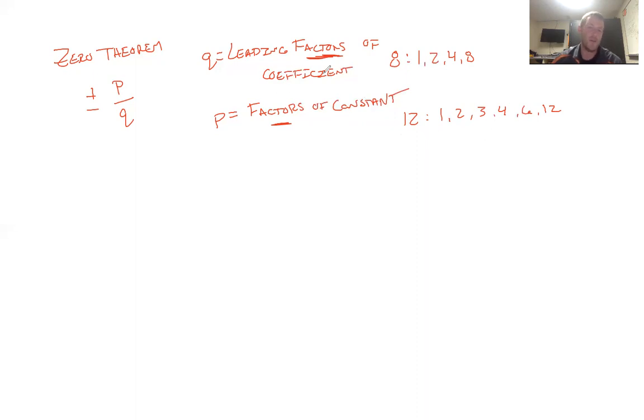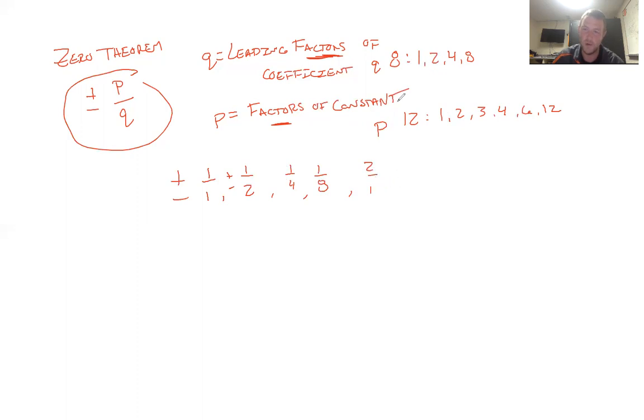And so if this was 8, and this was 12, to put it into the zero theorem, plus or minus p over q, these are all the p values, these are all the q values, so I put every single p value over every single q value. So my numbers would be 1 over 1, 1 over 2, and again, it's plus or minus each of these, 1 over 4, 1 over 8, and then 2 over 1, and then 2 over 2.